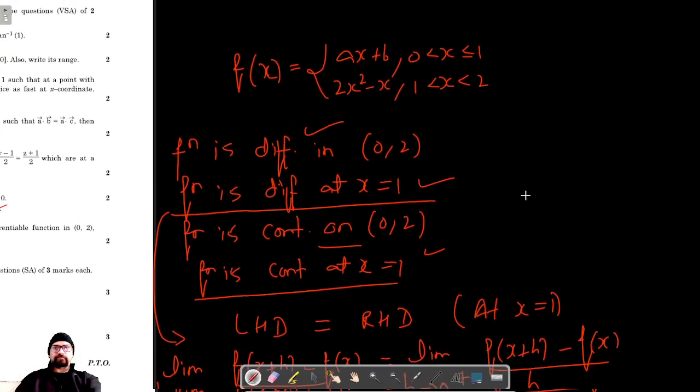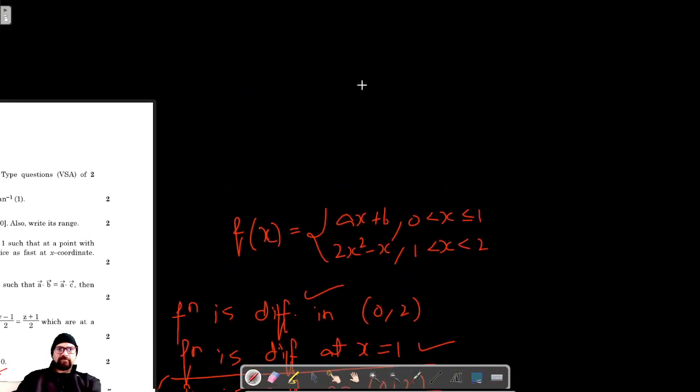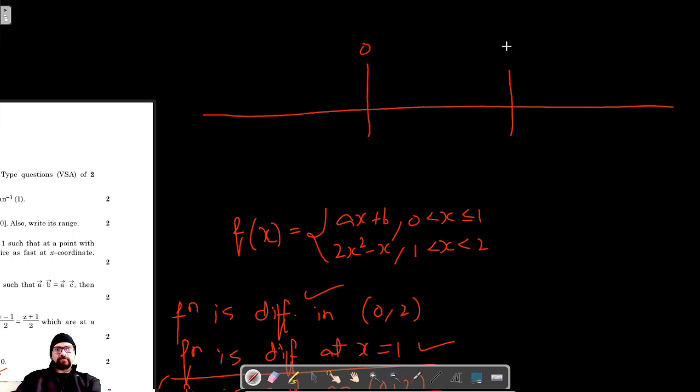Now our function on the number line looks like this: 0, 1, and 2. Between 0 and 1, the function is ax plus b. At x is equal to 1, the function value is ax plus b. And between 1 and 2, it's 2x squared minus x.